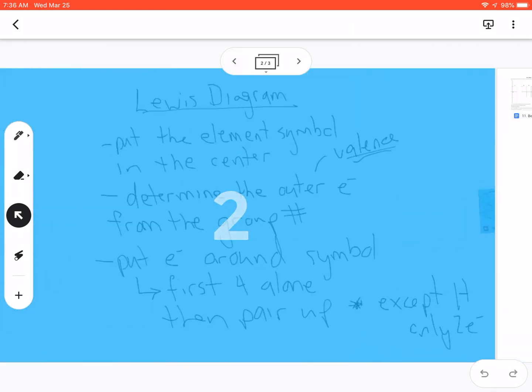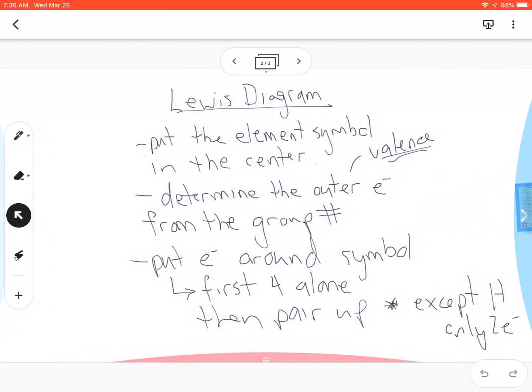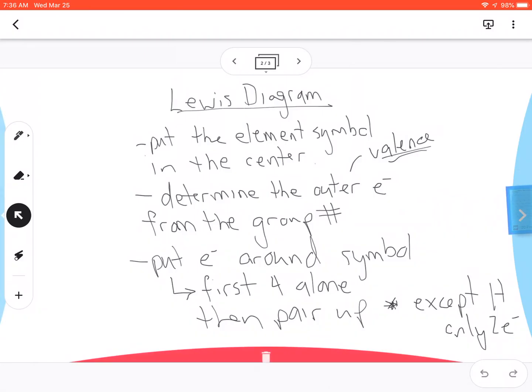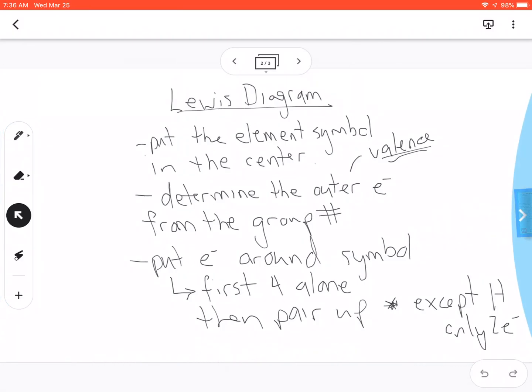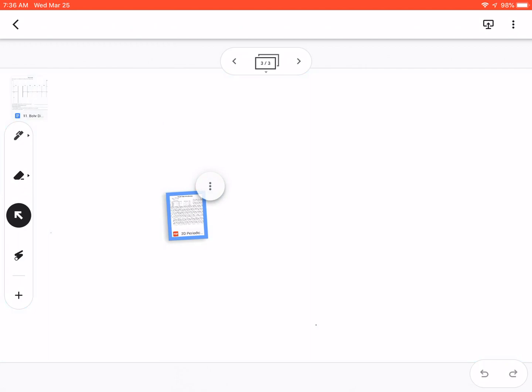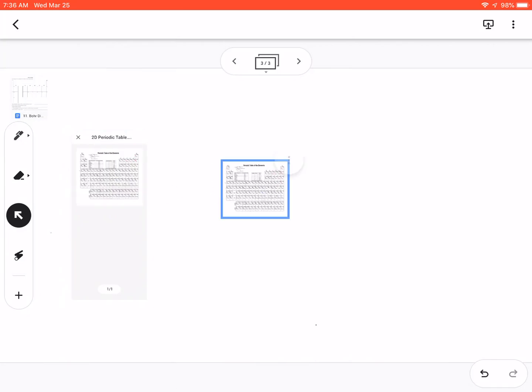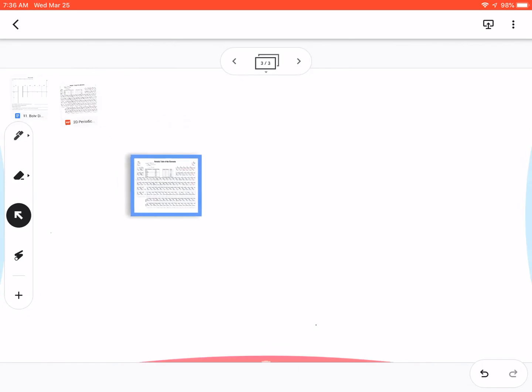Nope, it didn't come over. Let's try one more time. Nope. Oh, there it is. There's my periodic table. Nice. All right. Let's make a periodic table. Good. Beautiful. So let's take a look at our table here.